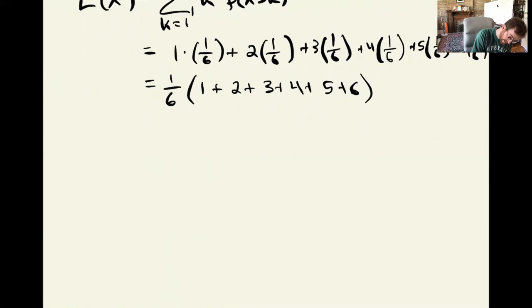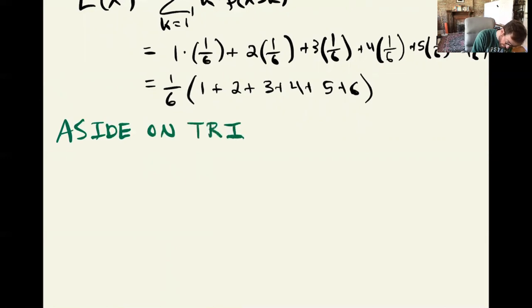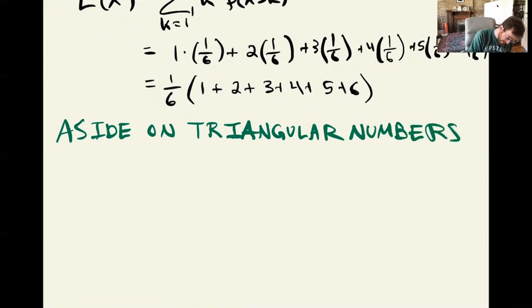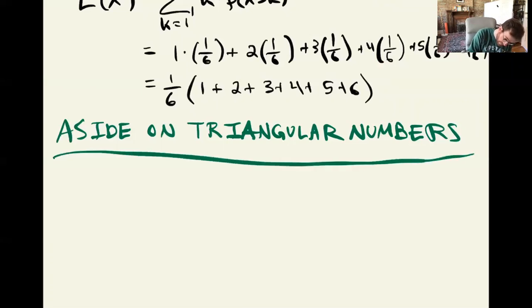So I'm going to do a quick aside on triangular numbers. The reason we call these the triangular numbers is that if I arrange the last number as the base of a triangle, I can build it all up like this. So what we're studying in this particular calculation is 6 triangular.